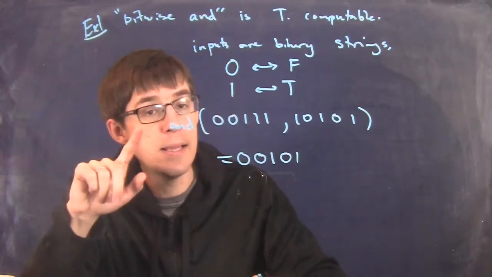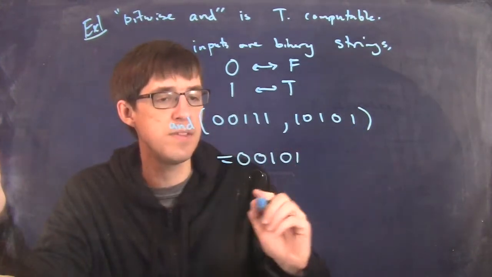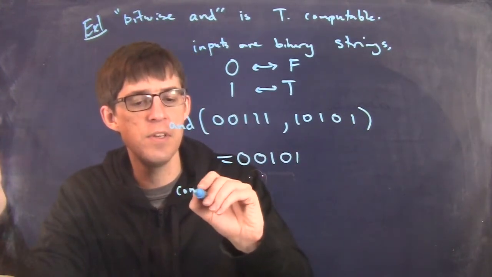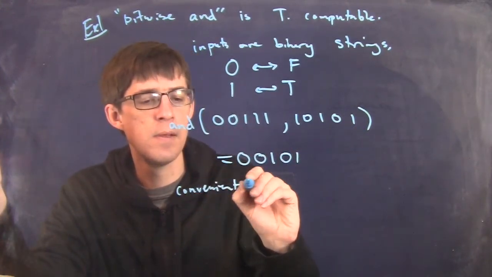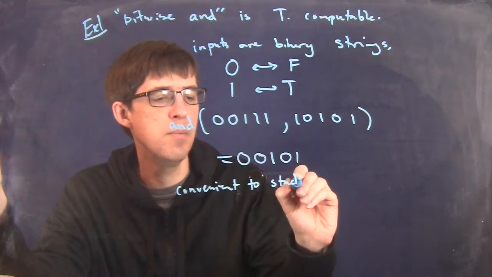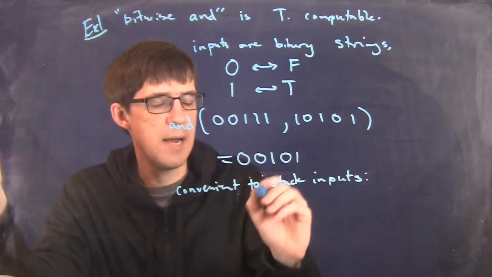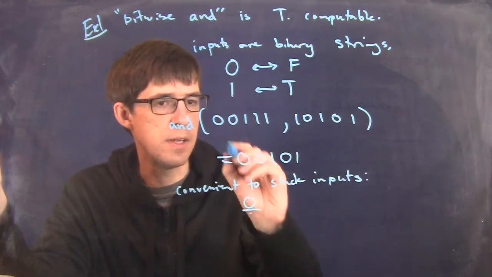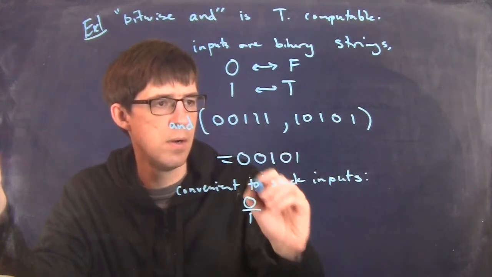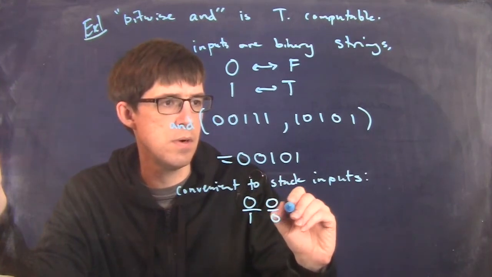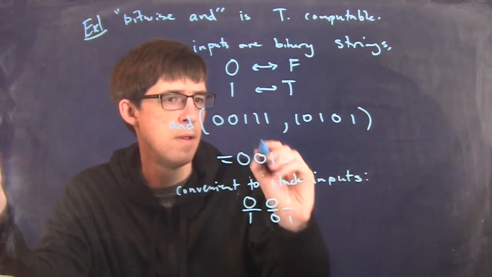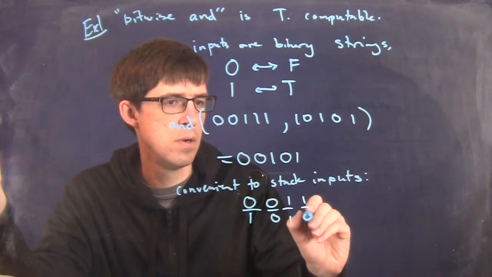You can see why in this case it will be most convenient to write this as stacked. It's convenient to stack inputs, because if I stack them, it's just going to look like 0 stacked with 1, 0 stacked with 0, 1 and 1, 1 and 0, 1 and 1.